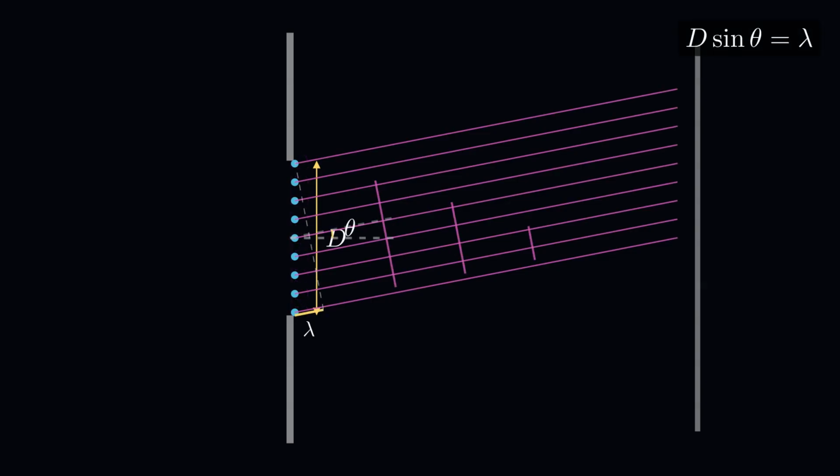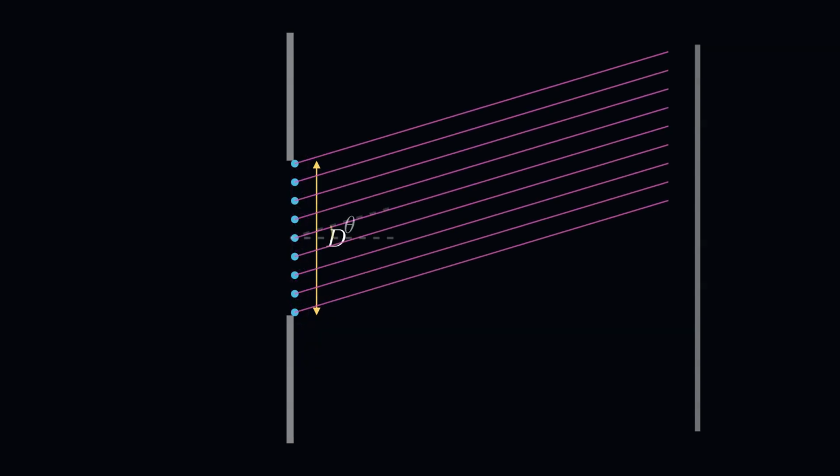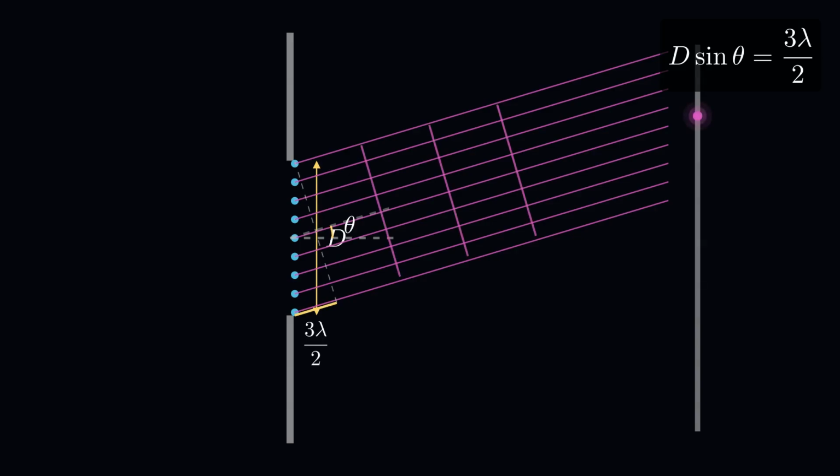But if they go at an angle, let's say theta, whereby the phase difference between the secondary wavefronts of the two ends is lambda, which is one wavelength, then it leads to destructive interference. Now the next example, whereby the path difference is 3 halves, or 3 divided by 2 times lambda, the wavelength, and there we get a maximum again, so basically constructive interference.